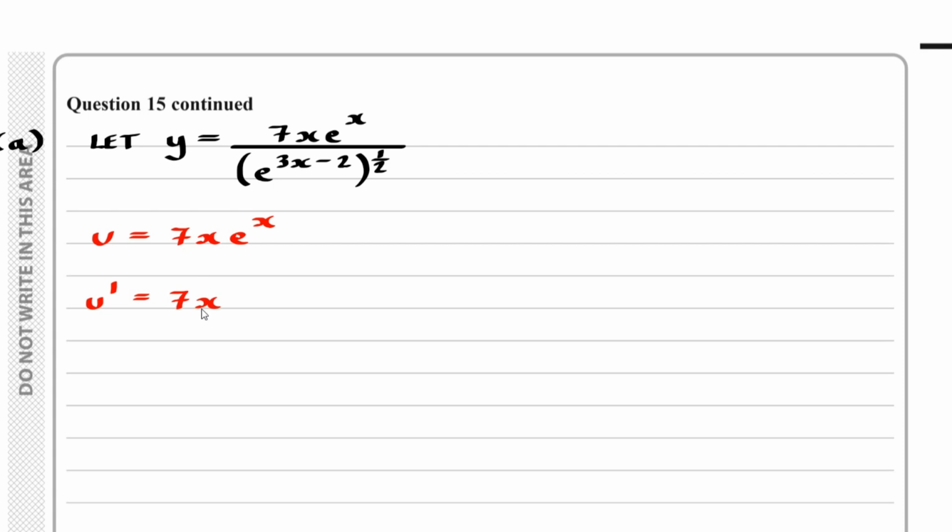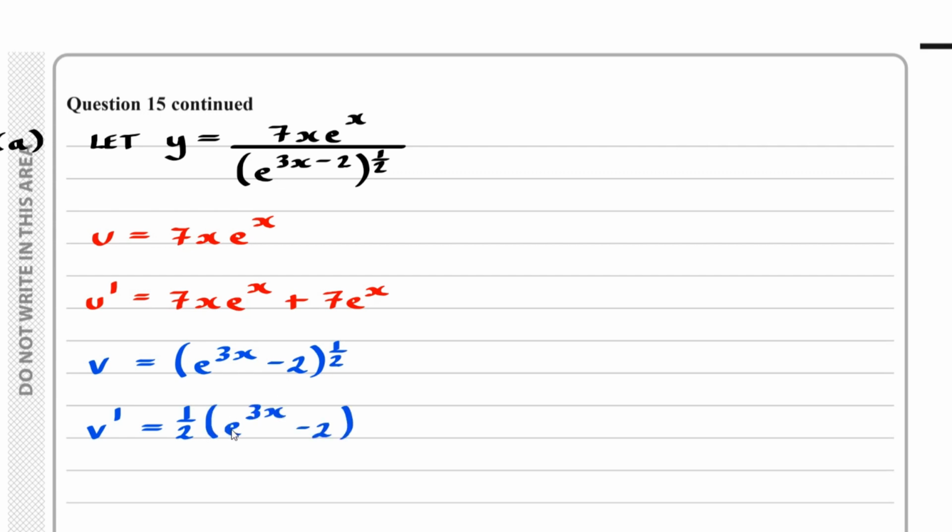So u dash is equal to 7x multiplied by the derivative of e to the x, which is e to the x, and we add on to this e to the x multiplied by the derivative of 7x, so we add on 7e to the x. v is equal to (e to the 3x subtract 2) to the power of 1/2, and if we differentiate this using the chain rule, v dash is equal to, well, we have the 1/2 and we multiply this by (e to the 3x subtract 2), and then we subtract 1 from the power, so we have negative 1/2, and then we multiply by the differential of the bracket, so we multiply by 3e to the 3x.